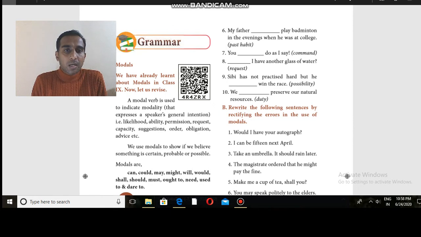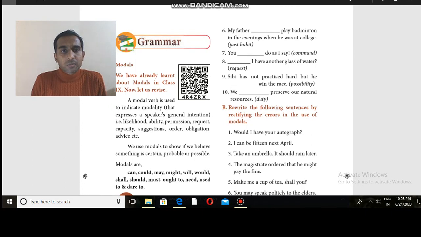Sometimes it might be about his likelihood, what he likes, or sometimes it might be about his ability. Sometimes we might need to ask for permission. Sometimes we need to request something, or we have to show our capacity, or we have to give suggestions, or instruct or give orders, or sometimes we should ask for an obligation, or sometimes we give or get advice.